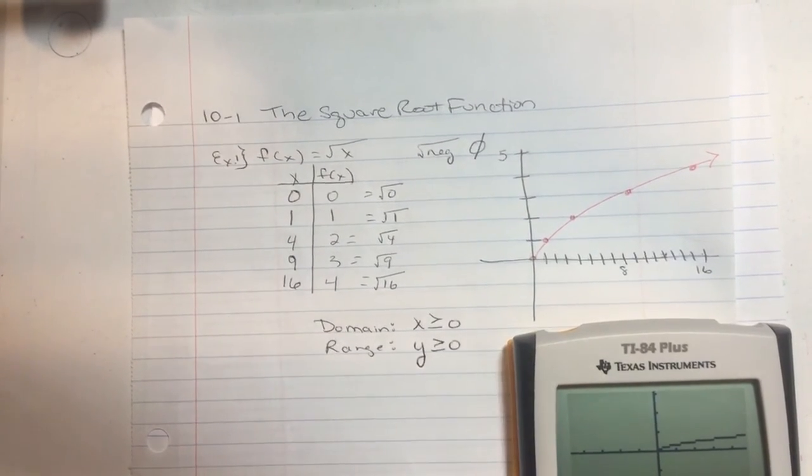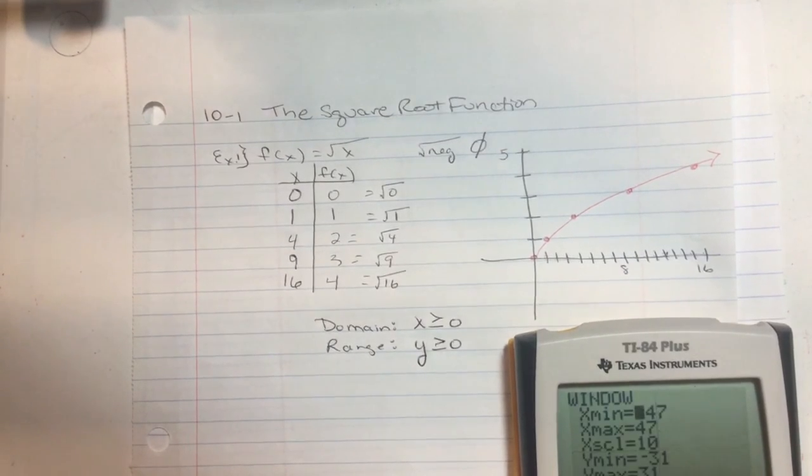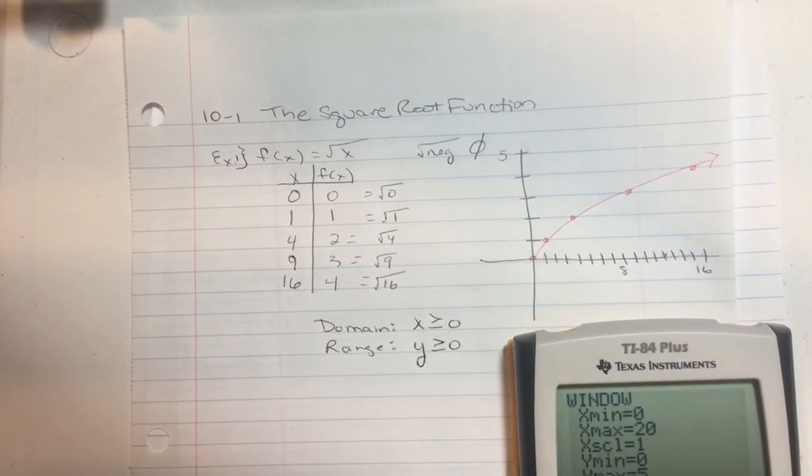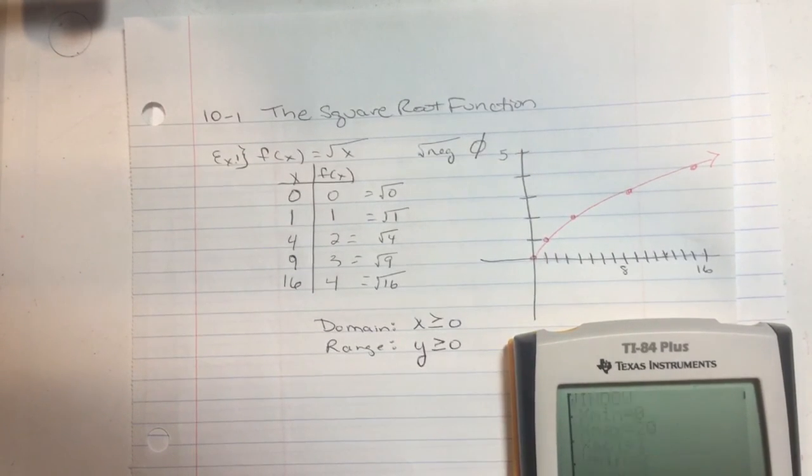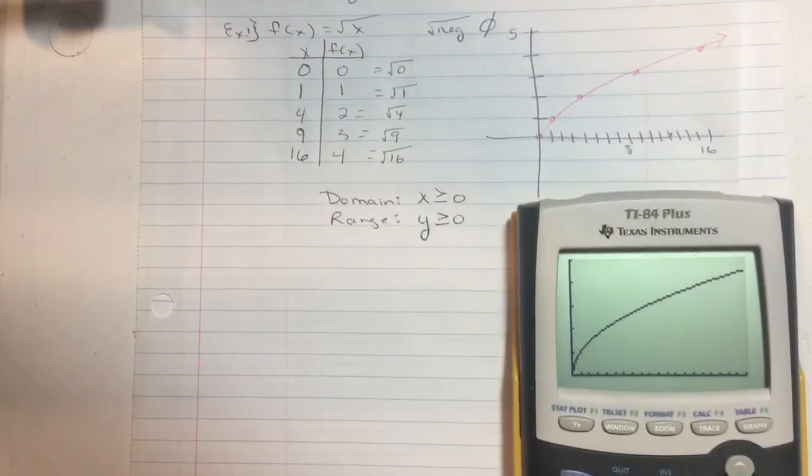Or I can make our viewing window exactly what we have here, which is where I have the x's from 0 to at least 16. I'll go by 20s. And then the y's from 0 to 4 at least. Let's go by 5s. Notice I changed the scales to 1s because I want to count by 1s.